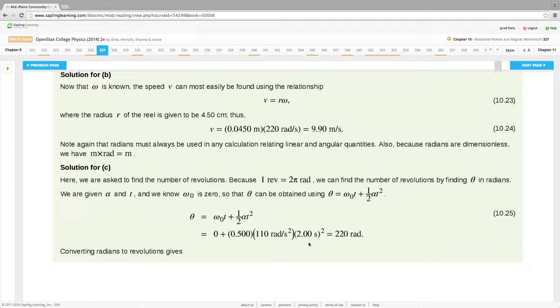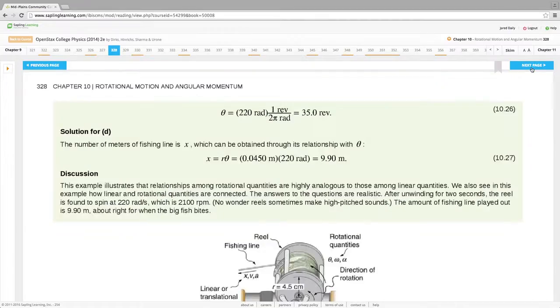We have 2 squared here. We get 220 radians. How many rotations is 220 radians? You take that 220 radians and divide it by 2 pi, and you get 35 total revolutions. So in that short time, you get 35 revolutions.